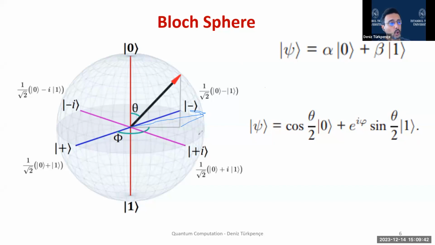And if you also vary the value of this phi, you can rotate this vector in this plane. So these rotations all correspond to unitary operations. Okay. So we will conclude that these rotations correspond to some operators. We are going to see this now.